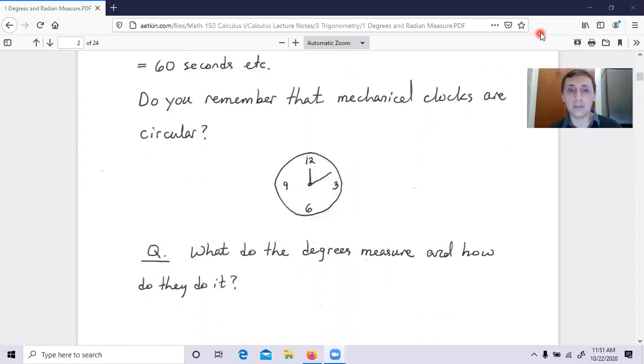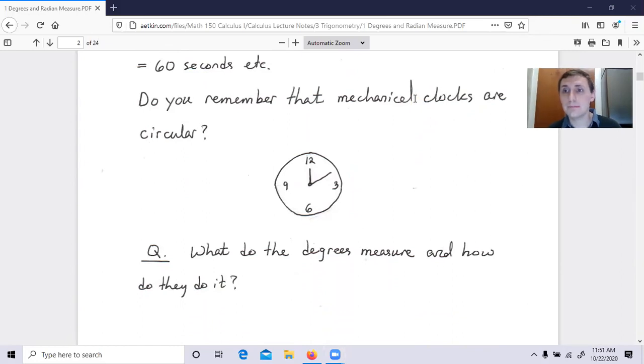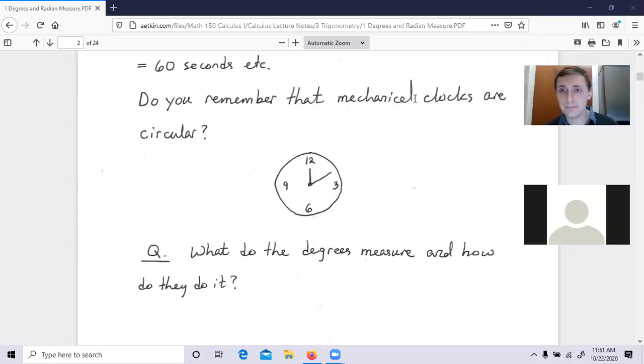Measure angles. Good. So Steven says they measure angles. And what is an angle, guys? A part of an arc, possibly, but here is what I think of an angle.